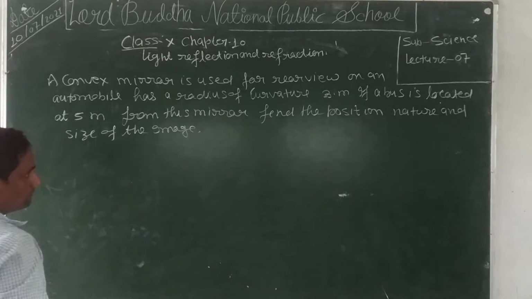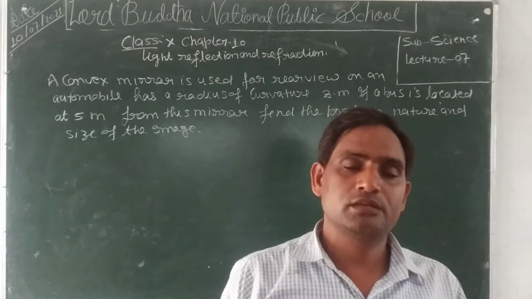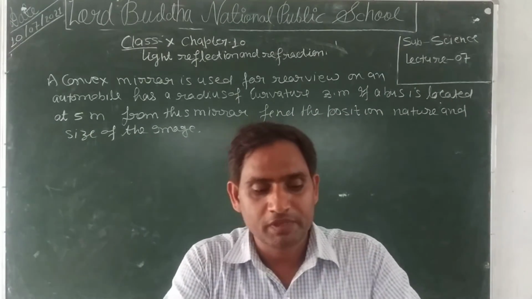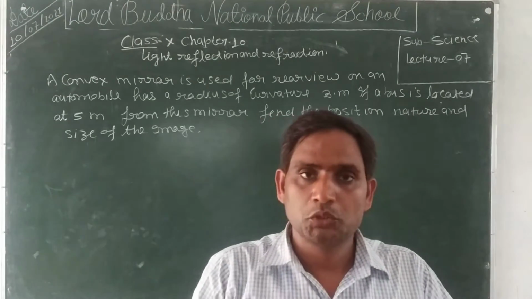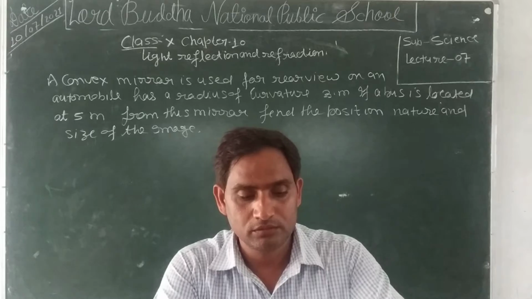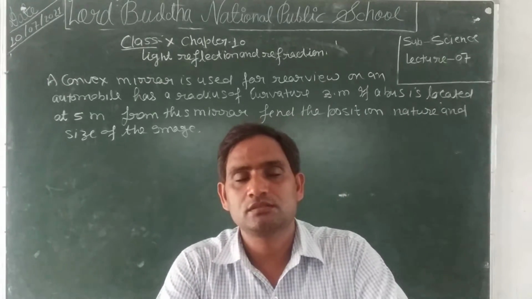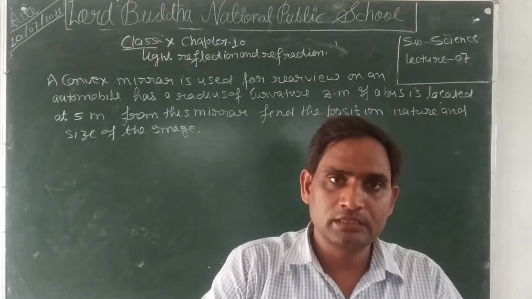Clear? The question is that an automobile has a convex mirror whose radius of curvature is 3 meter. A bus is located 5 meter distance from the mirror.